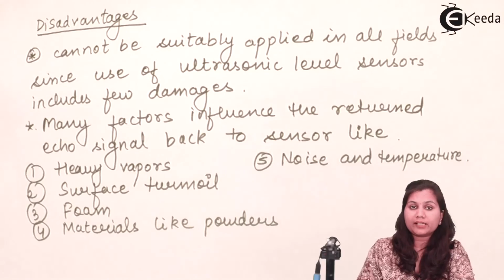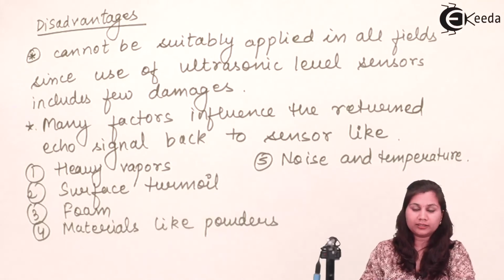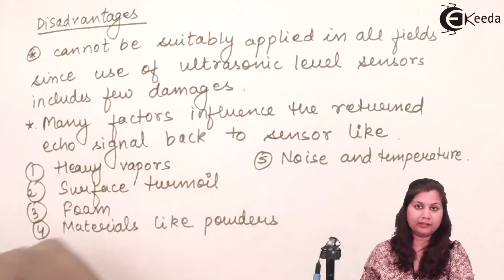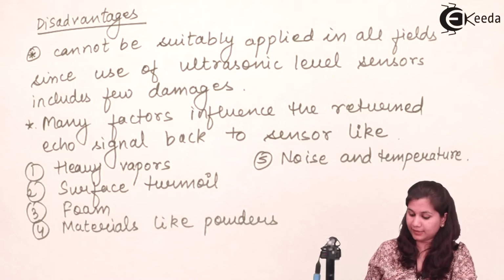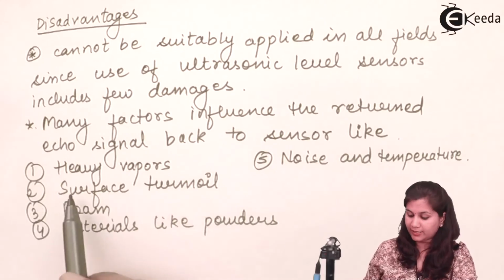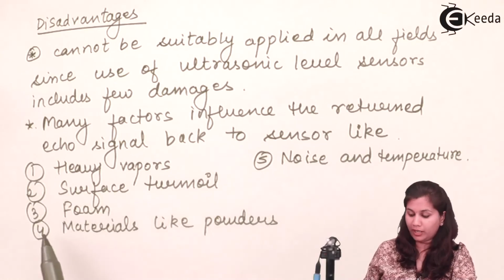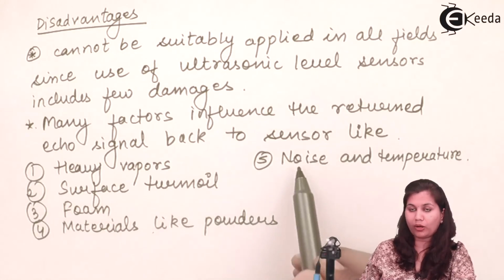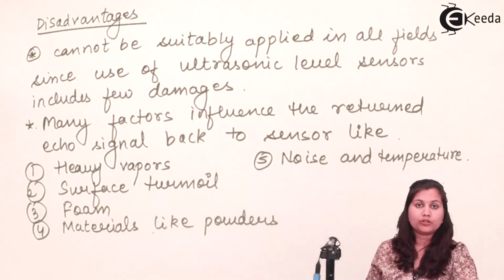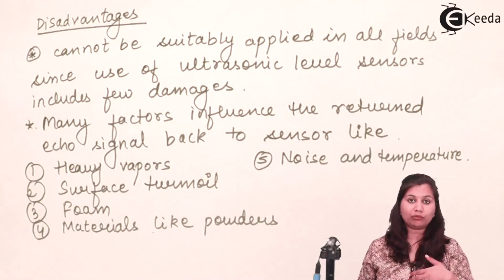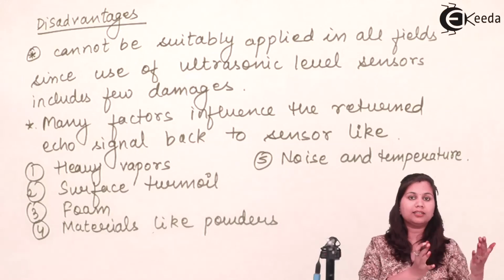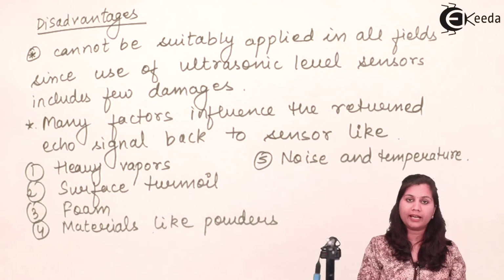There are some disadvantages of ultrasonic level sensors also, because many factors can influence the echo which is received back by the sensors, like heavy vapors, surface turmoil, foam, materials like powders, noise and temperature. So the time taken by the echo signal to return back to the sensor will be affected, and due to that the level measurement is going to get affected.